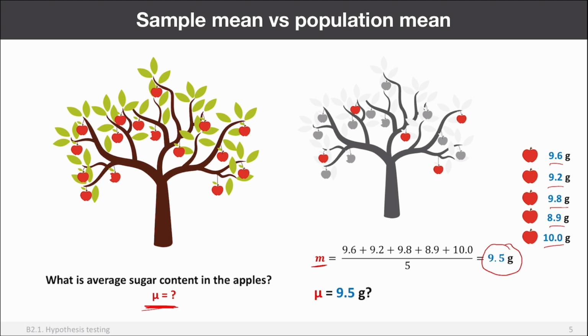Now the question is, okay, if we call it an estimate, it means that we assume that the population average is 9.5 grams, right? So that's the way we do it so far, right? But is it true? Can we expect that the population average is indeed 9.5? The answer is no. Moreover, we have no idea what the population average is so far, because we have no idea how far this value can be from the true population mean.